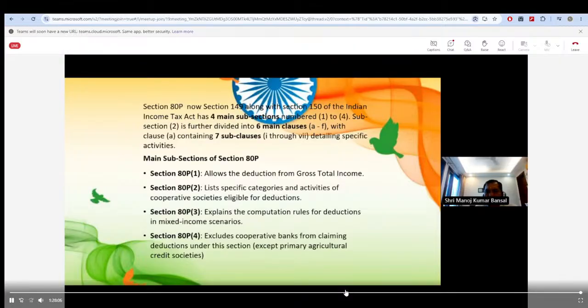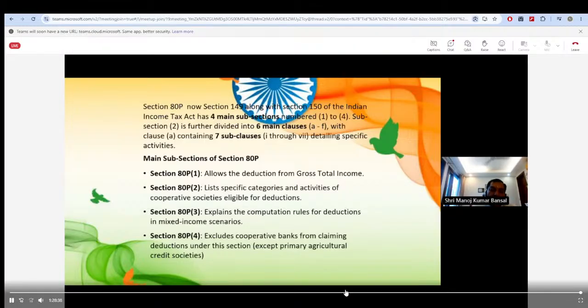Section 80P(3) explains the computation rules for deduction in mixed income scenarios. Section 80P(4) excludes cooperative banks from claiming deductions under this section, except primary agricultural societies.